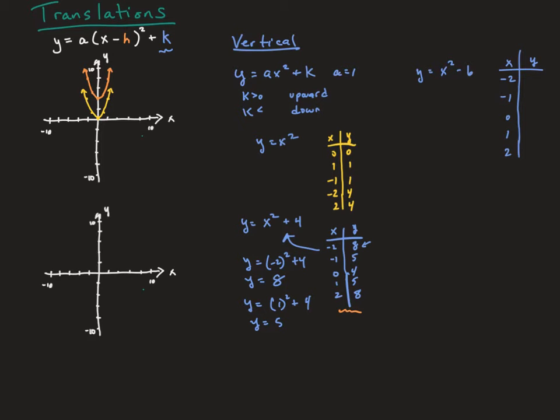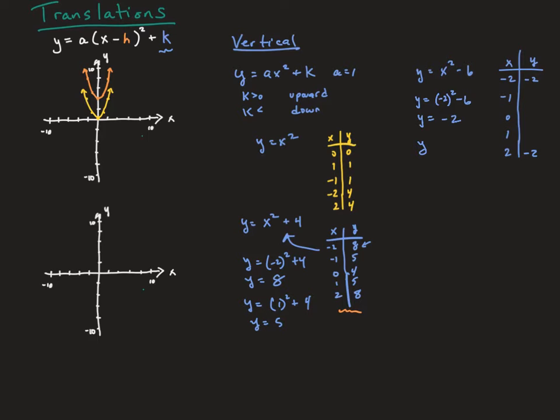And I'm only using these values because they're right around the axis where I'm working. So when x is negative 2, negative 2 squared minus 6 gives y equal to negative 2.